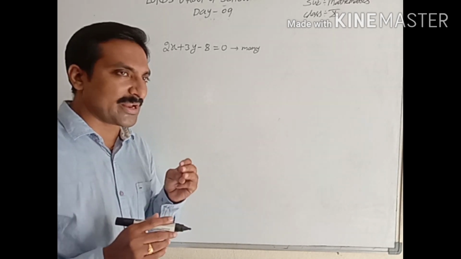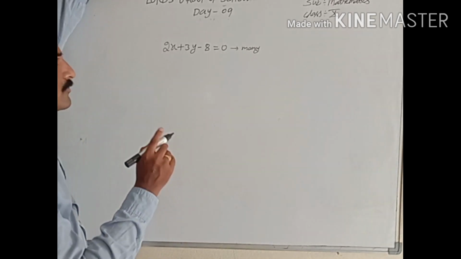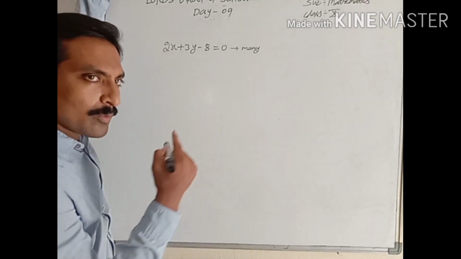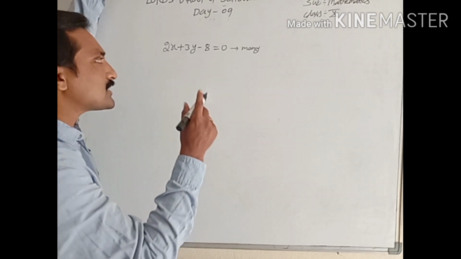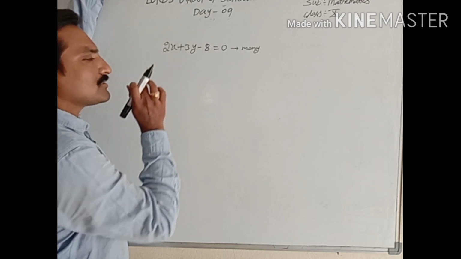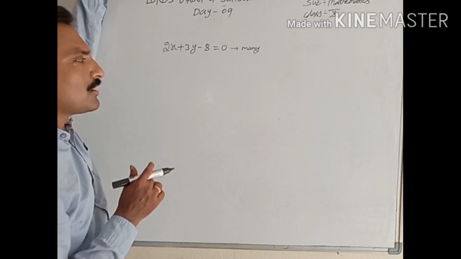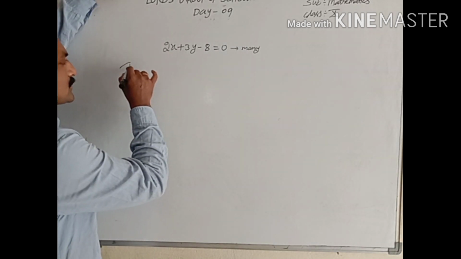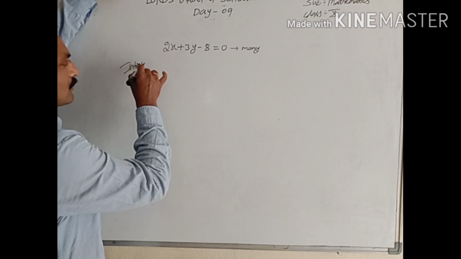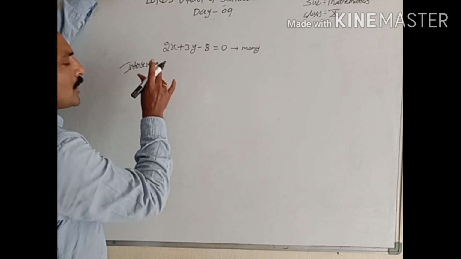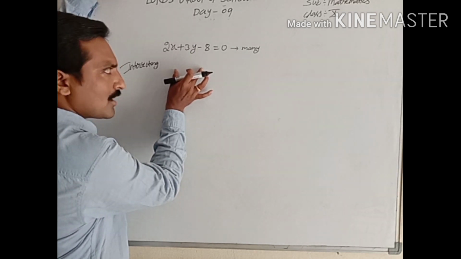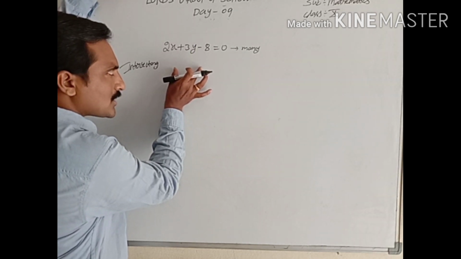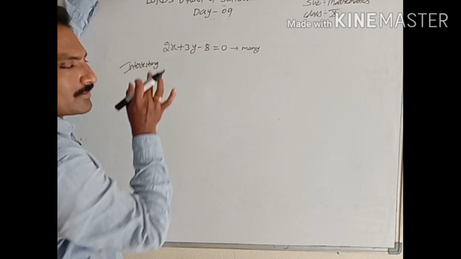What are my questions? 3 questions I am raising here. First, you have to prepare one more equation that is intersecting with this one. That equation must and should intersect with this one.